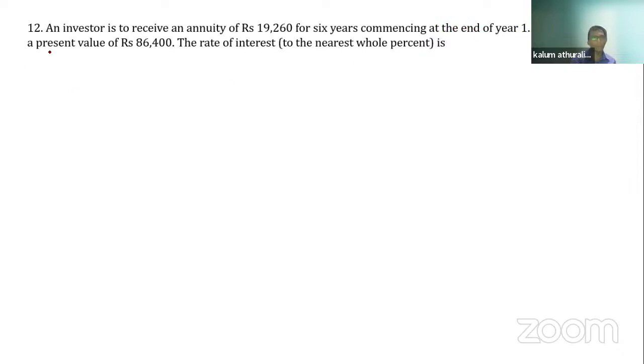It has a present value of 86,400. The rate of interest, right? Then 0, 1, 6 years: 1, 2, 3, 4, 5, and 6.